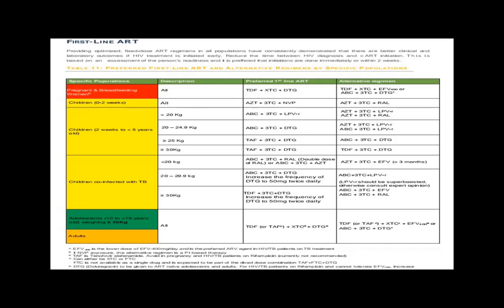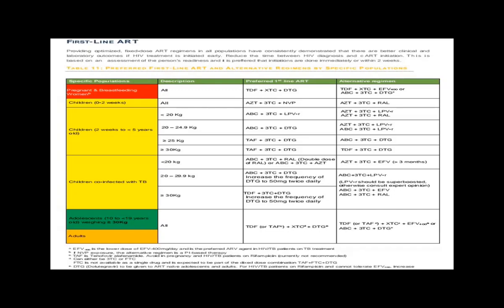And then for those children who weigh above 30 kg, we're going to give TDF, which is tenofovir, plus lamivudine plus dolutegravir.